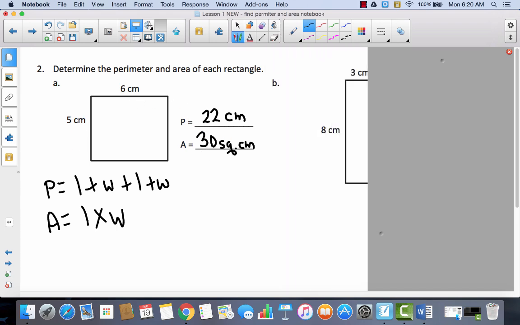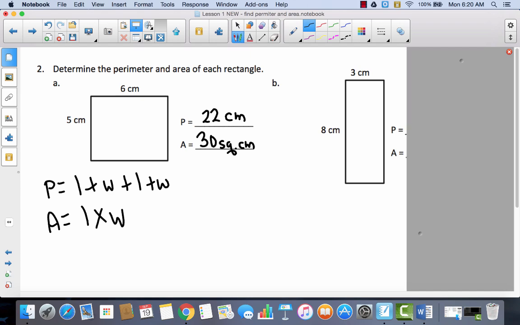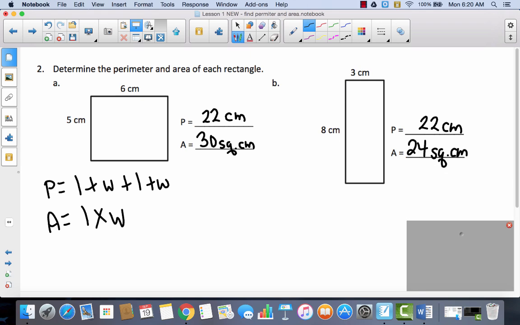All right, so let's take a look at B. So again, perimeter is going to be length plus width plus length plus width. So 3 plus 8 is again 11, and 11 plus 11 is equal to 22. And then 8 times 3 would be the area, and 8 times 3 equals 24 square centimeters. So notice this time we use centimeters because they told us the units.